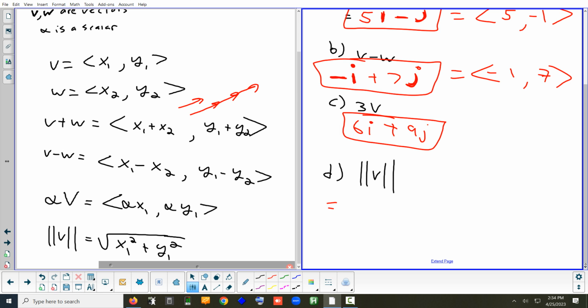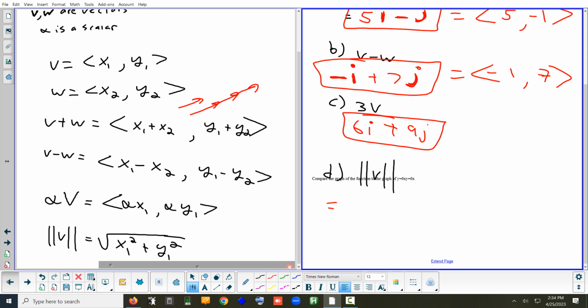Okay, double bars again. We just mentioned that. What do the double bars mean? Magnitude. And magnitude really means length. And when you measure the length of something, what kind of number would you never get? Negative, exactly. So the answer here is always positive. What formula do we basically use to find the length of something?